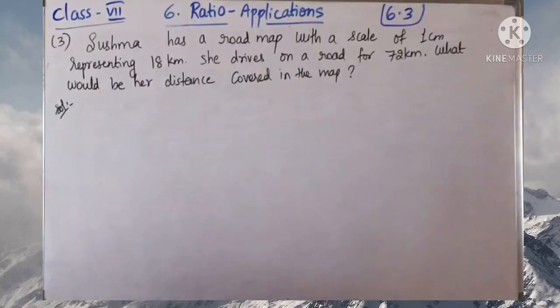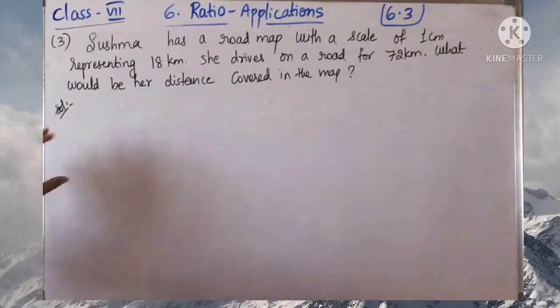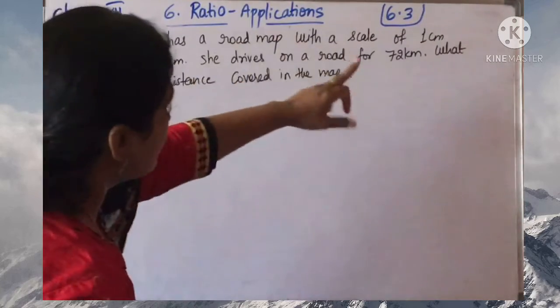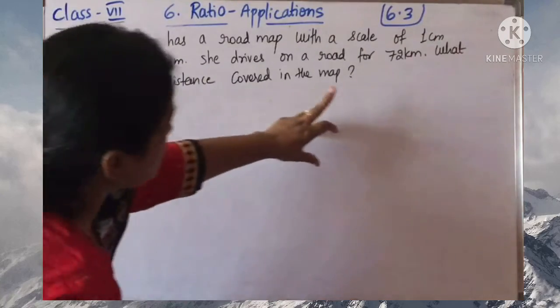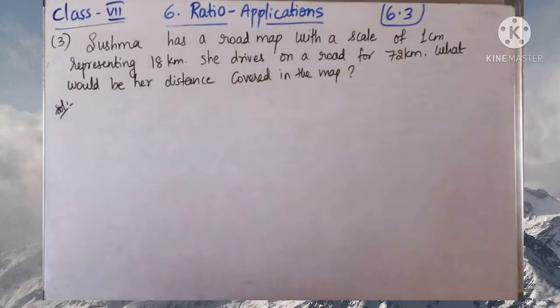Next, third question. Sushma has a road map with a scale of 1 centimeter representing 18 kilometers. She drives on a road for 72 kilometers. What would be her distance covered in the map? So on the map we know the distance is shown small, because on the map 18 kilometers is shown like 1 centimeter. So how much will it show for 72 kilometers in the map?